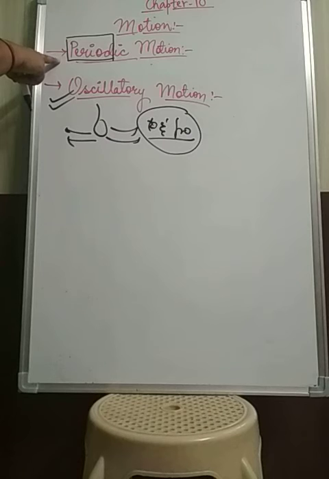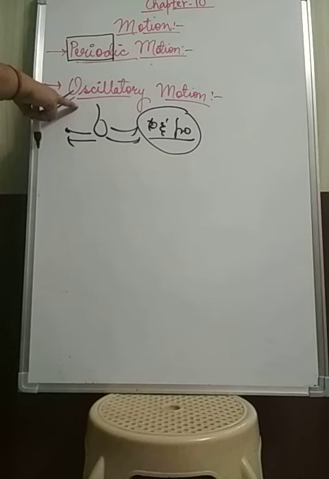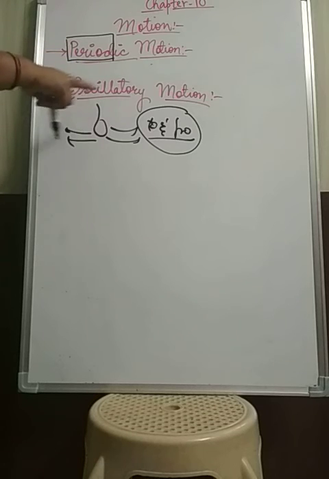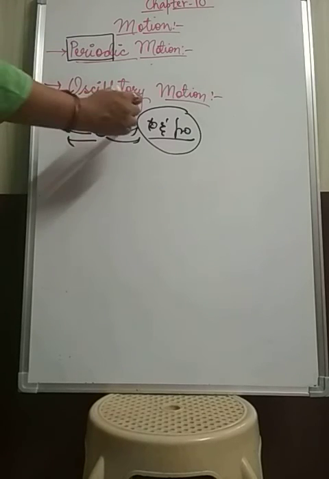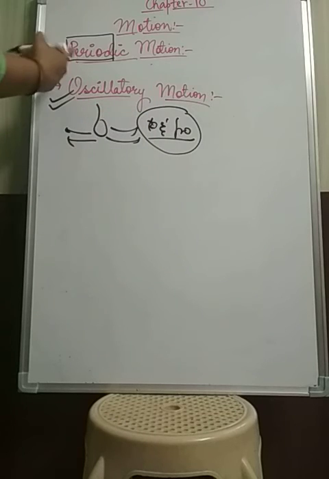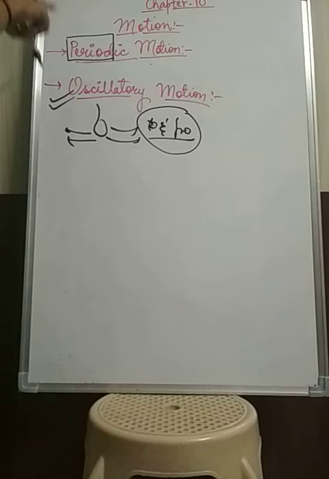The circular periodic motions will not come under oscillatory motion, whereas to and fro motions come under the category of oscillatory motion. So every oscillatory motion, meaning every to and fro motion, will be considered periodic motion, whereas every periodic motion will not be considered oscillatory motion, okay?